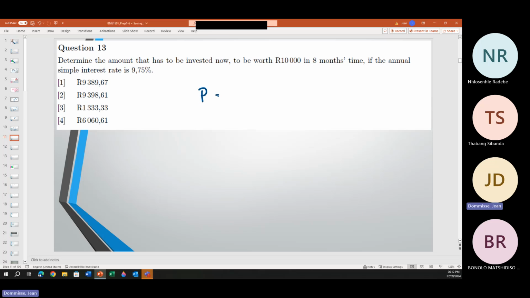So we need to work out the P to be worth 10,000 in 6 months' time, if the simple interest rate is 9,75%, and that is for 8 months.